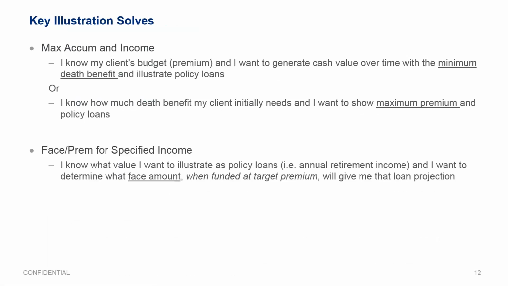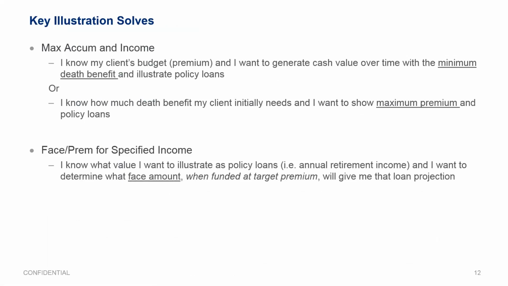Another solve that I know you'll want to use quite a bit is I have a client and I know how much I want to illustrate as far as policy loans. I know that this client is going to want to see $40,000 a year in policy loans when he turns 65. So I have an idea of how much he wants to see coming out of the policy. What I don't know is how much he's going to need to put in and what face amount I need to get me there.